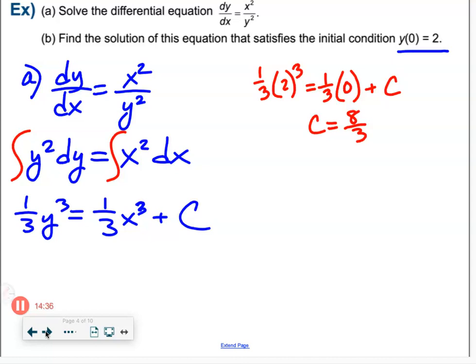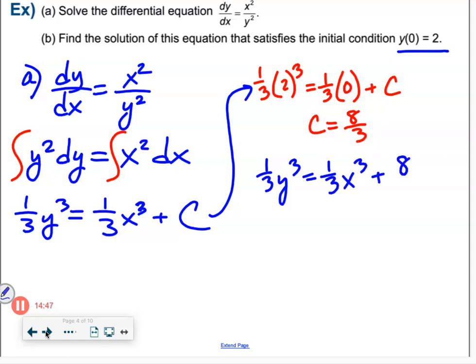So I'm going to rewrite this now. I have 1/3 y cubed equals 1/3 x cubed plus 8/3. Now solve this for y.